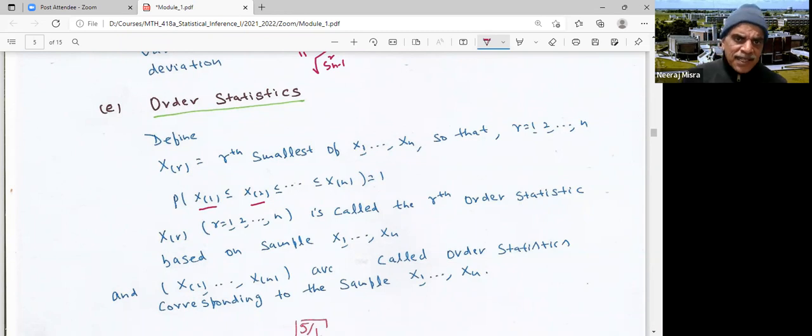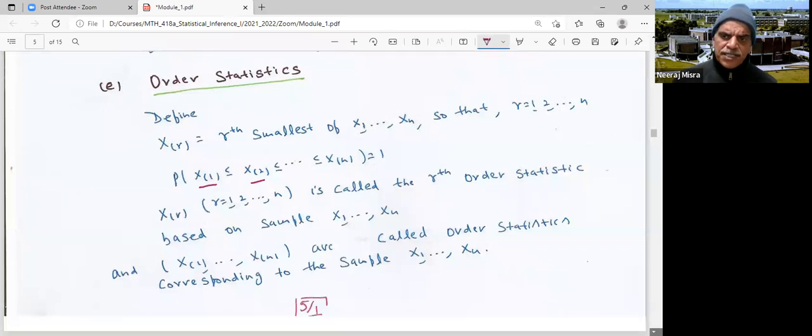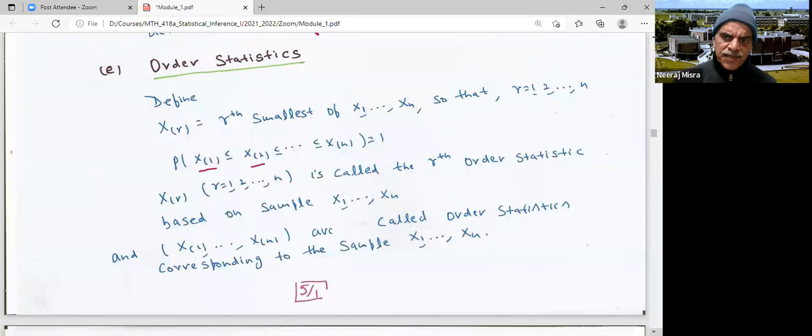Now this x_(r) is called the rth order statistic. The rth smallest of x1, ..., xn is called the rth order statistic. And this whole collection x_(1), ..., x_(n) is called the order statistics corresponding to the sample x1, ..., xn. So these statistics are also of importance in various situations.